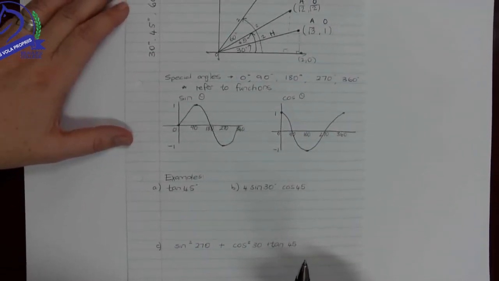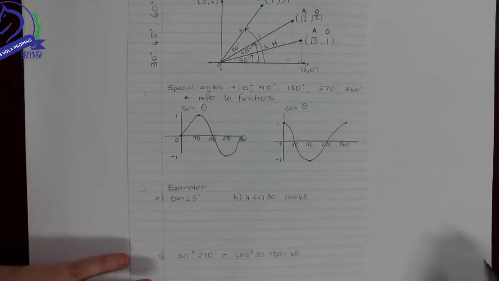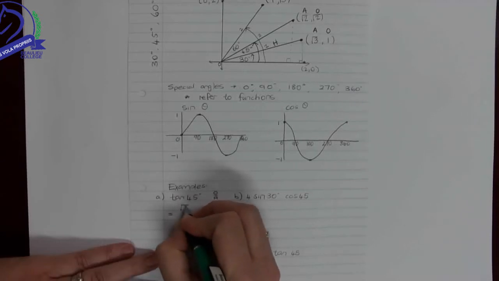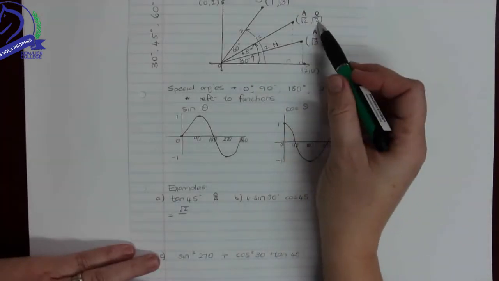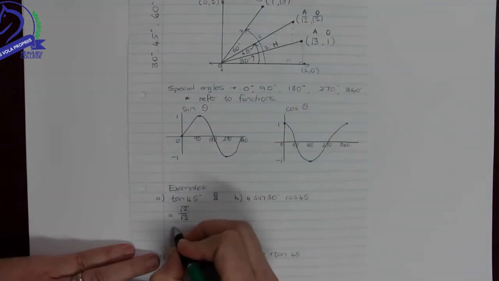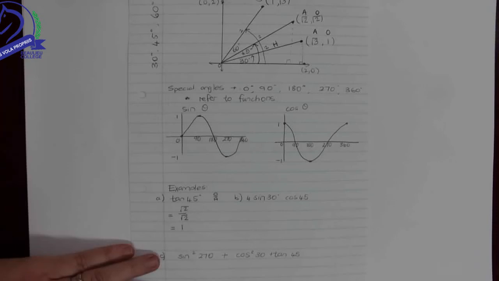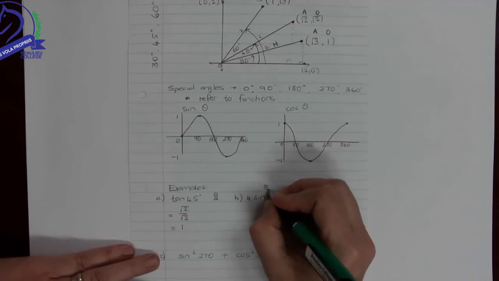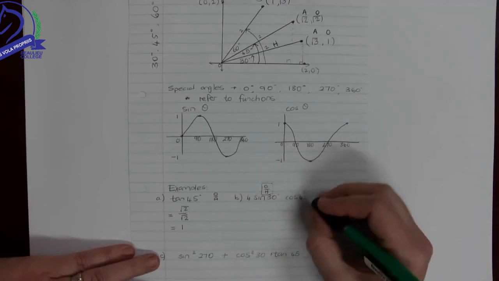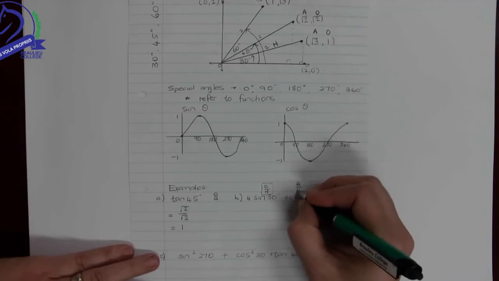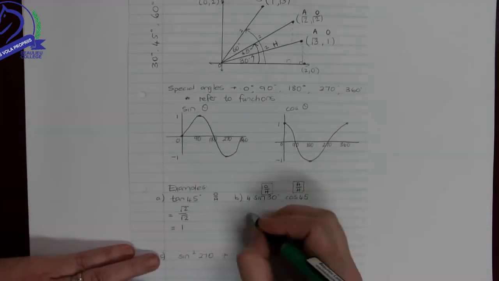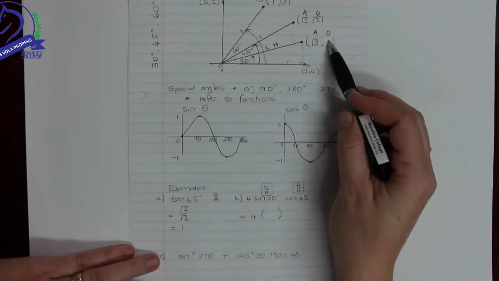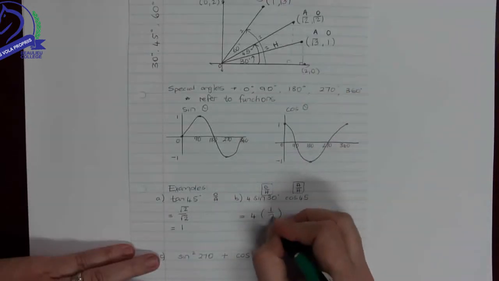Okay, so let's have a look. If I have tan 45, it is O over A. So tan 45 is square root 2 over square root 2, which is 1. If I have 4 sine 30 times cos 45, so I have 4 times O over H times A over H. So I have 4 times, at 30, opposite over hypotenuse is a half.